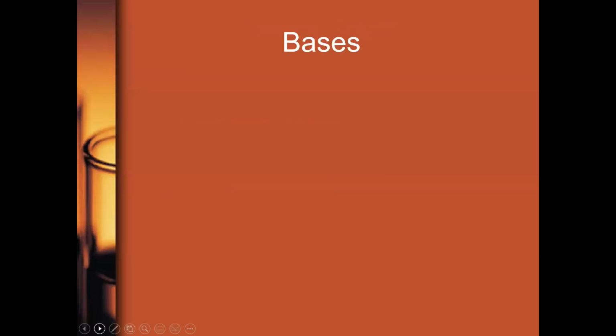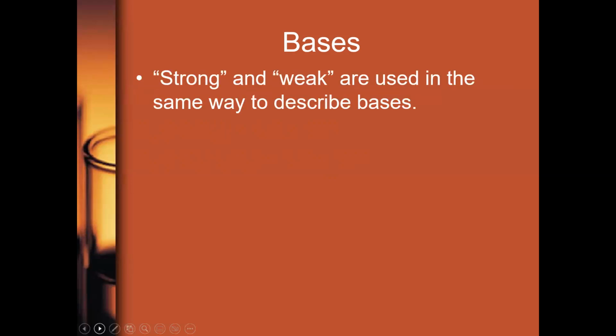Now looking at bases, same kind of things apply. Strong and weak are used in the same way to describe bases. So strong bases completely dissociate or ionize. Weak bases only slightly dissociate or ionize.